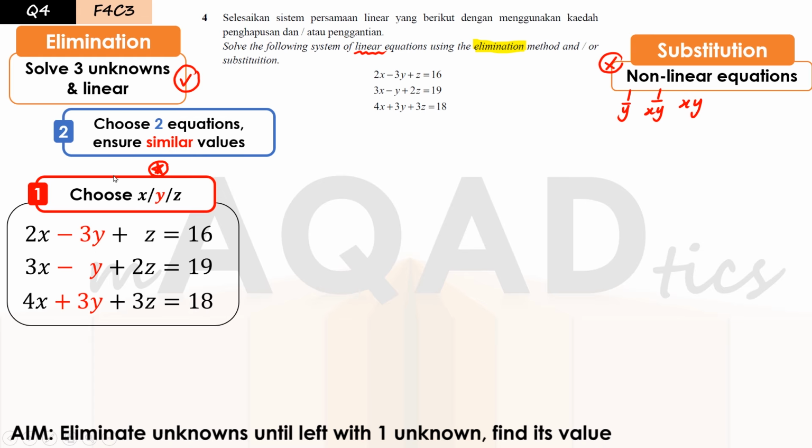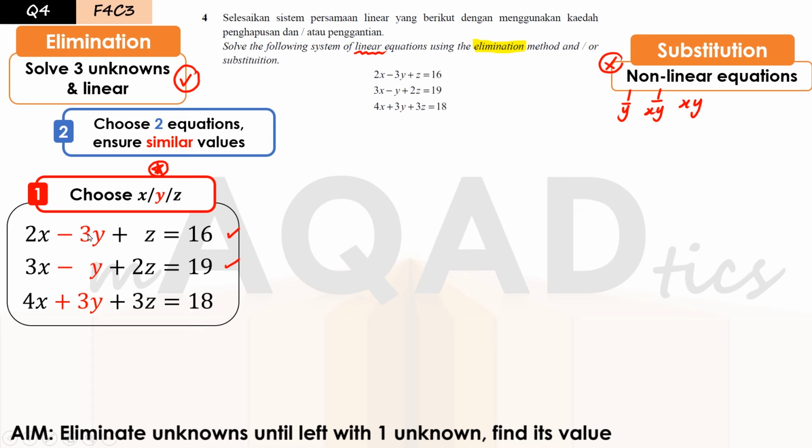The second step is to choose 2 equations among the 3 equations here, and we need to make sure the value of the unknown that we have chosen is the same. Let's say if I choose these 2 equations, I need to make sure that the value of y is the same.